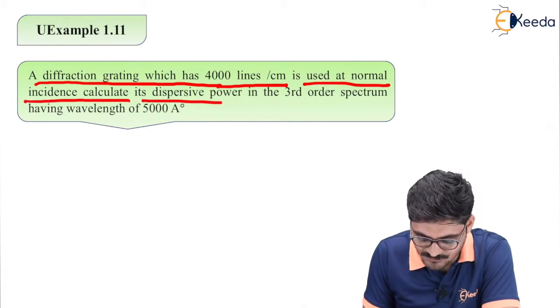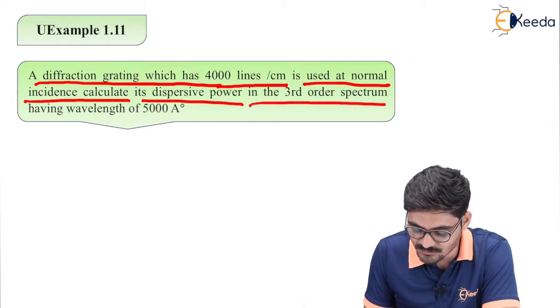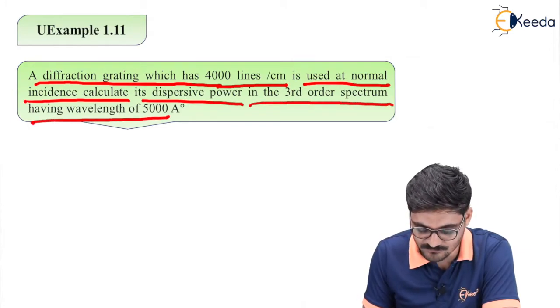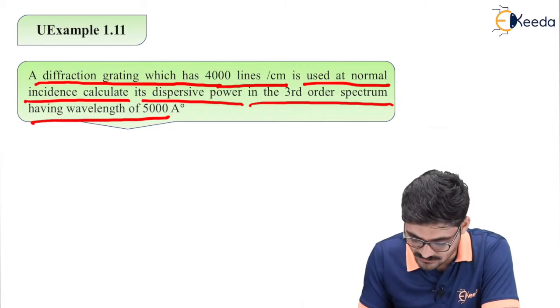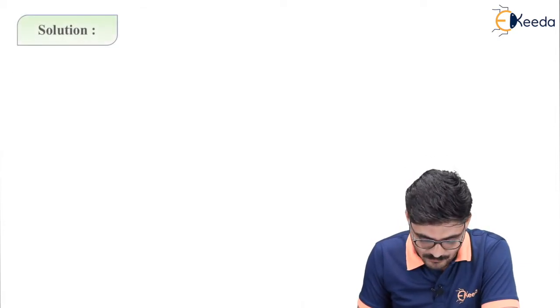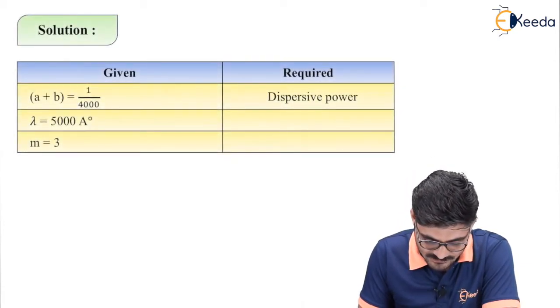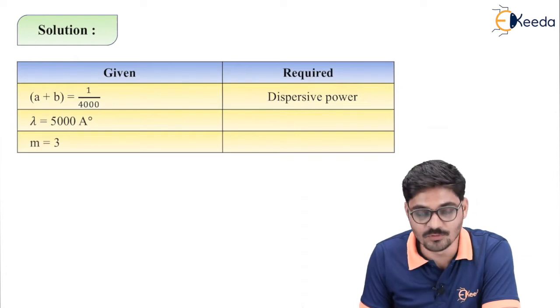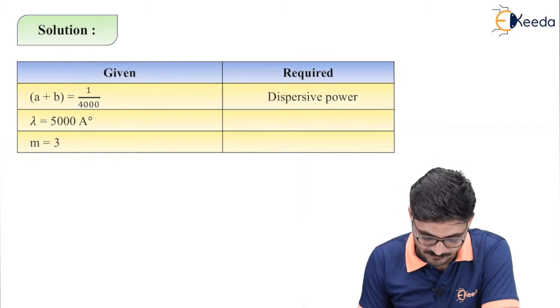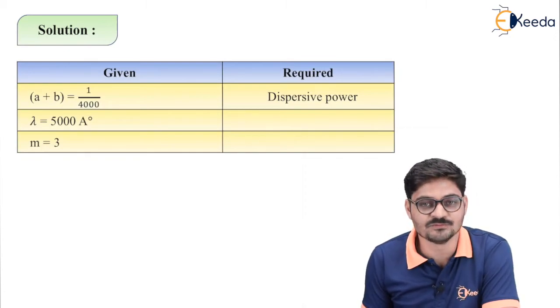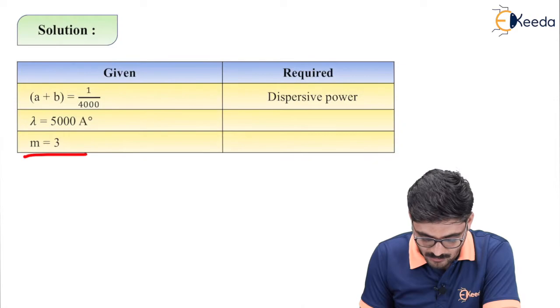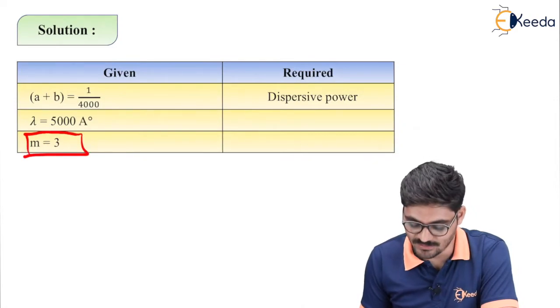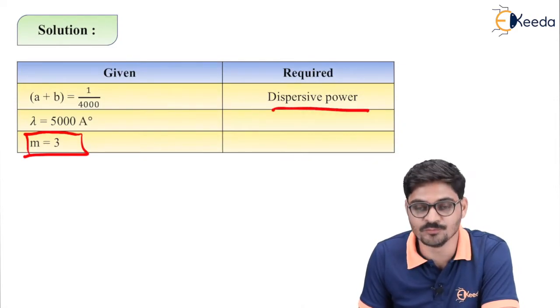Calculate its dispersive power in the third order spectrum having wavelength of 5000 angstrom. So what are the given data? To find A plus B, you have to use 1 upon 4000 lines per centimeter. Then wavelength is given, it is 5000 angstrom. Order of maxima is given, it is 3, and you have to find the dispersive power.